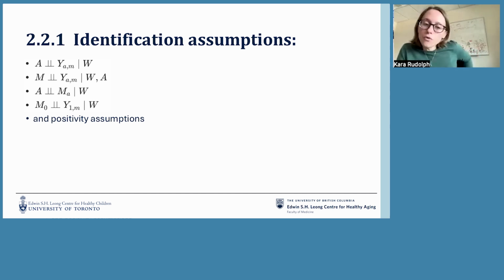This fourth one, though, is a real doozy. And I think this is why, in a lot of cases, natural direct and indirect effects aren't actually appropriate for a lot of our questions. This one is hard to think about.